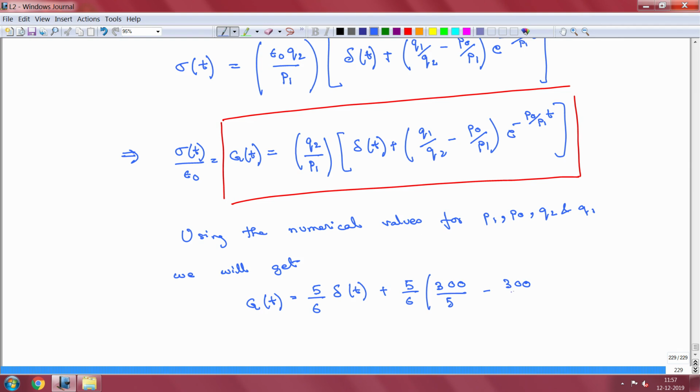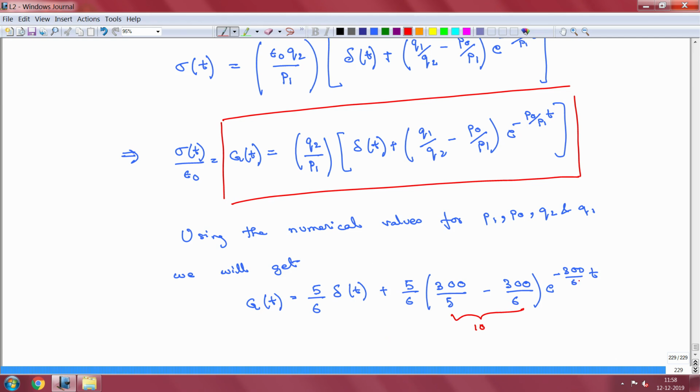We have 300 here, it is 300 by 6 e to the power minus 300 by 6 t, right. So, this can be simplified a bit more. This will give us 10.